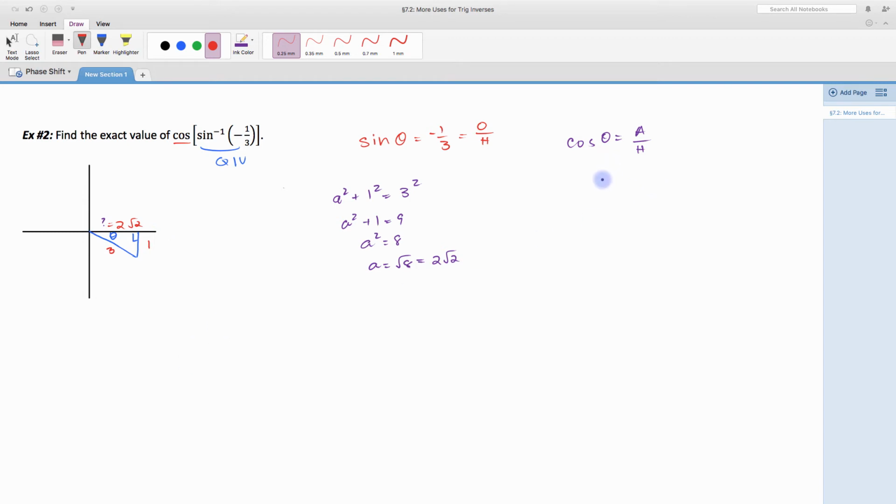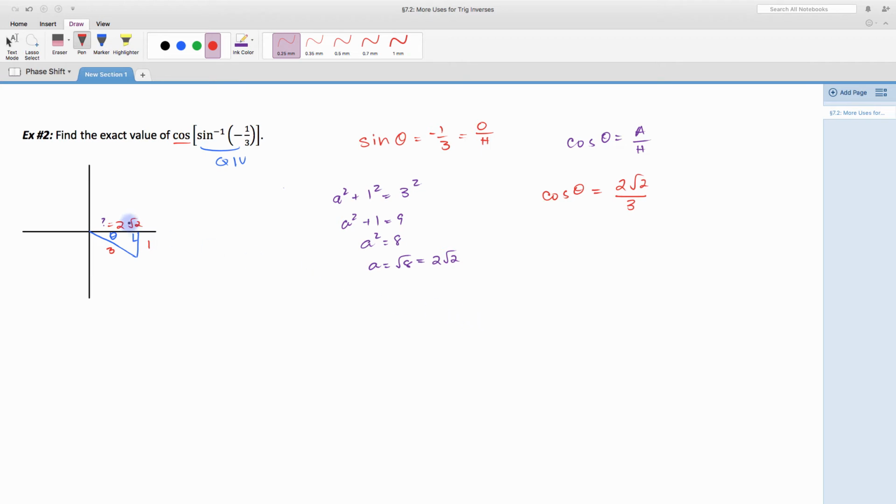So let's evaluate the cosine. The cosine of theta is going to be the adjacent side, which is 2 rad 2, divided by the hypotenuse, which is 3. Then we have to ask ourselves, is this positive or negative?